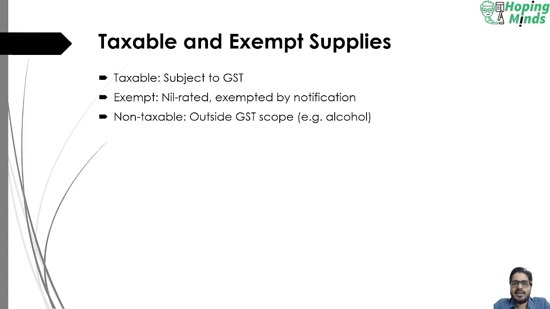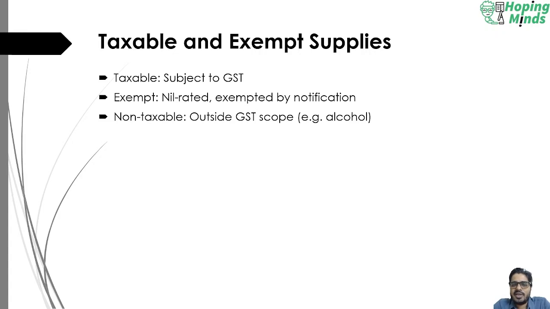Taxable and exempt supplies. So taxable supplies are those on which GST is levied, whereas exempt supplies are those which are beyond the GST or specifically exempted by a notification by the department.